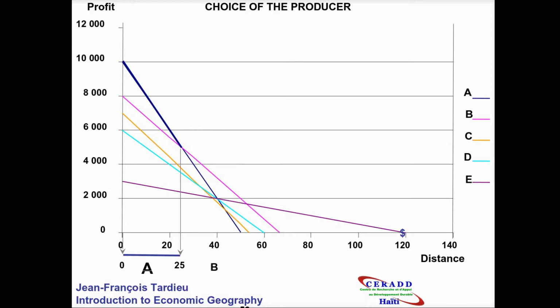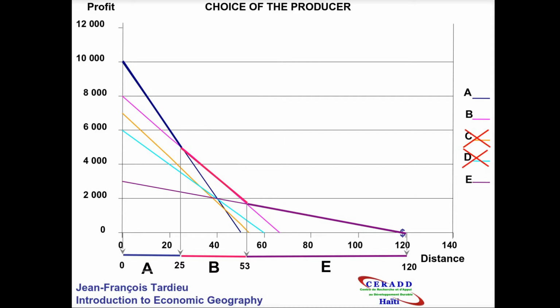Product B will be grown from 25 to 53 kilometers from the market center, and product E between 53 and 120 kilometers. Products C and D will not be grown because they never generate, in any place, more profit than other crops.